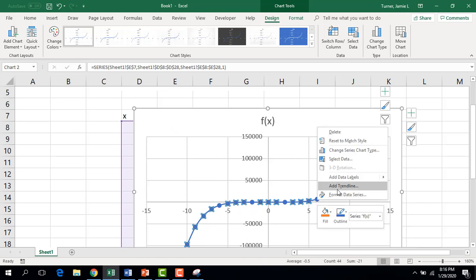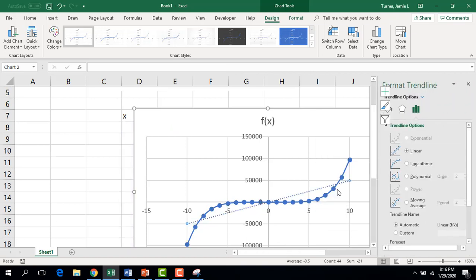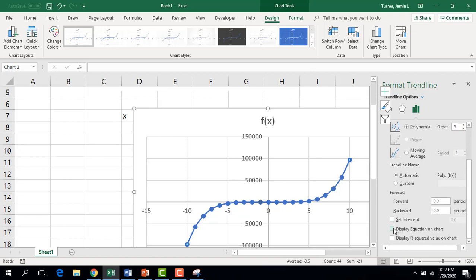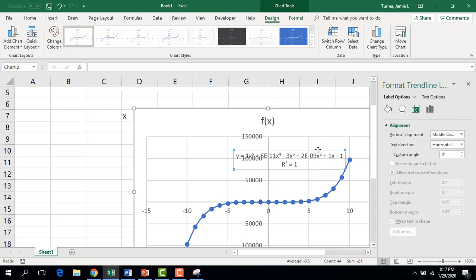Let's go ahead and, just out of curiosity, add a trend line. And we'll put on a polynomial, 3, 4, 5, and look at that, nice perfect fit. So we're going to display the equation on the chart, display our R squared value.